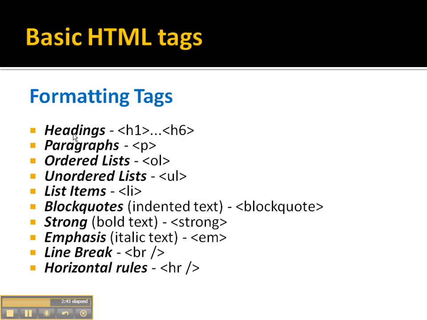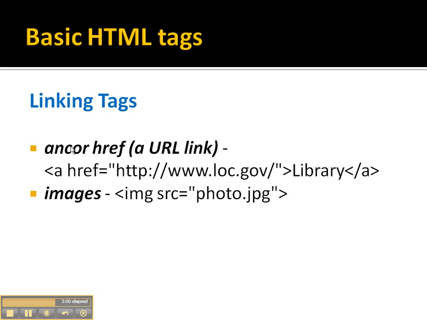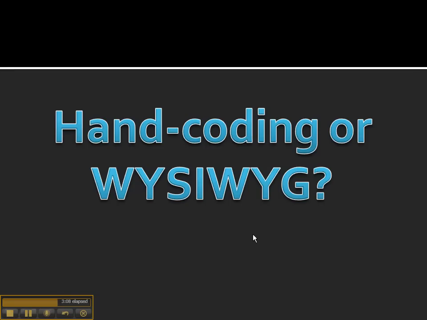Now we also have formatting tags, like which tags are headings or paragraphs, ordered list, unordered list, which are block quotes, and then things that are inside, like what is strong text or bold text or emphasized text. And then we have things like line breaks and horizontal rules as well. We also have tags that have special functions like linking to websites or embedding images. So it's important to understand there's lots of ways to do it.